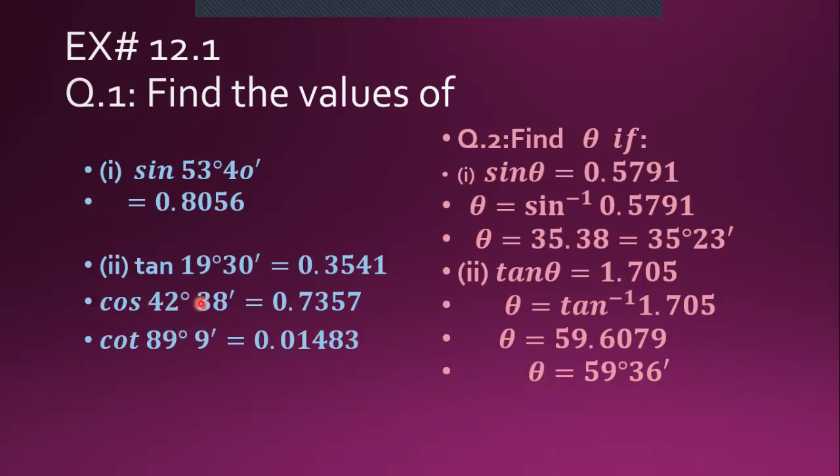And if you are going to find the sine, cos, or tangent, or cot, secant, and cosecant of any angle, then you can use the calculator and type there by pressing the buttons, and the answer will be in your hand. This is the 12.1 exercise, and I have done all the questions that were included.